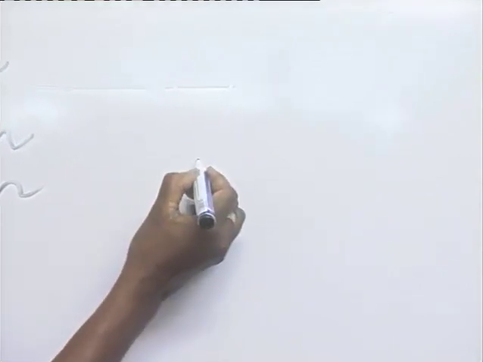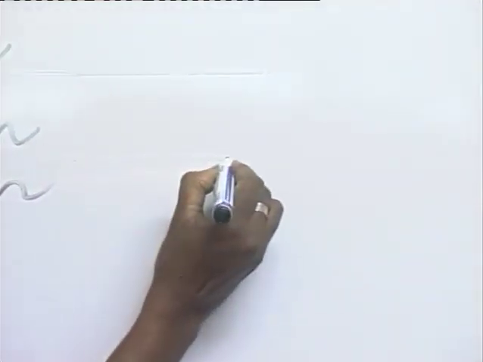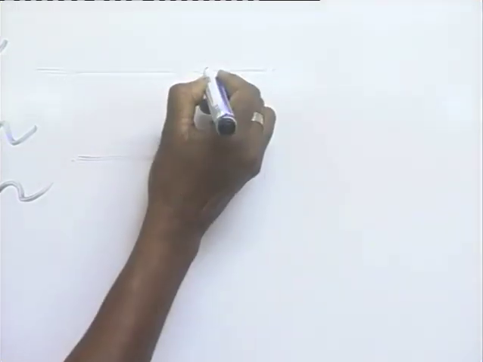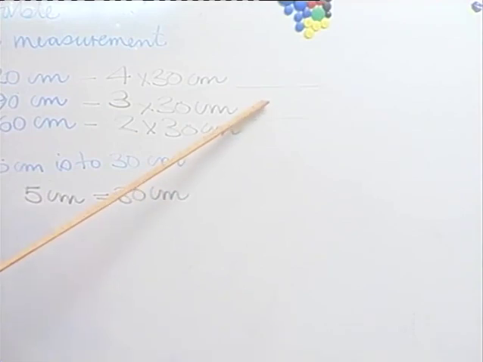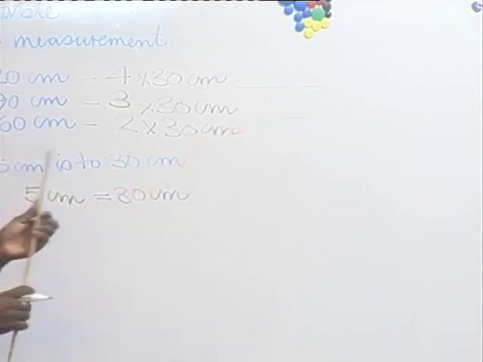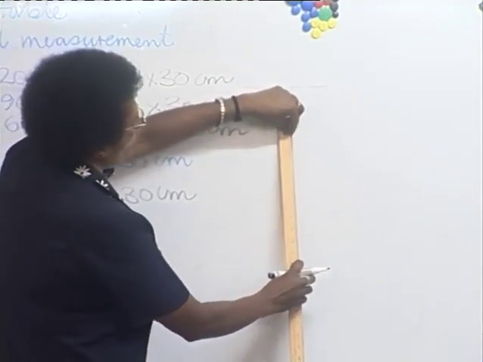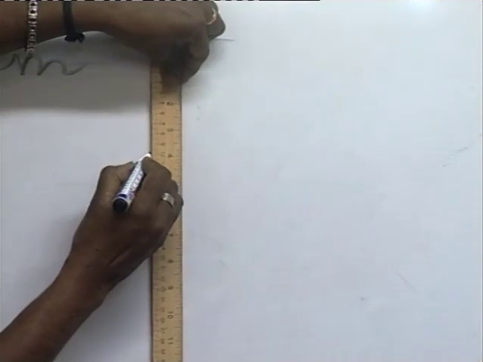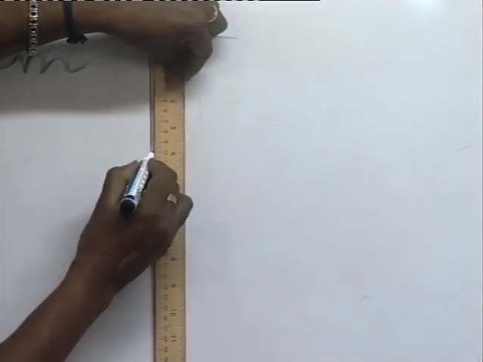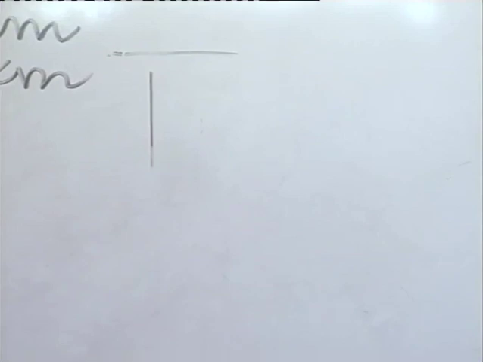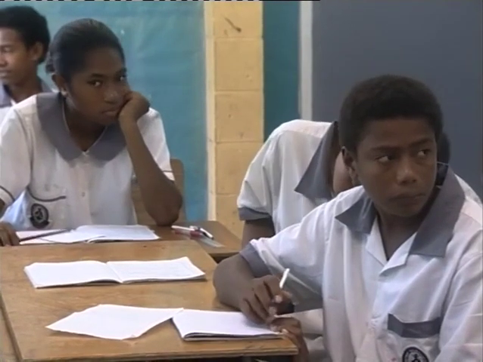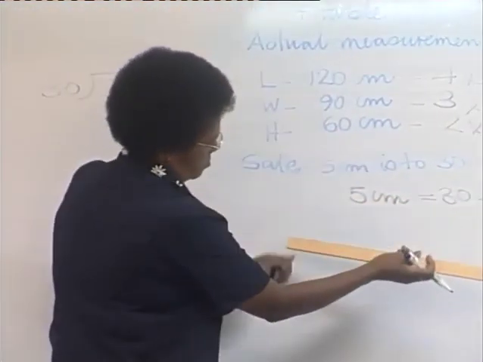Okay, that long. That is the reduced length and the reduced width. Now the height will be that. Let's see, 30. So we have, okay, that long.